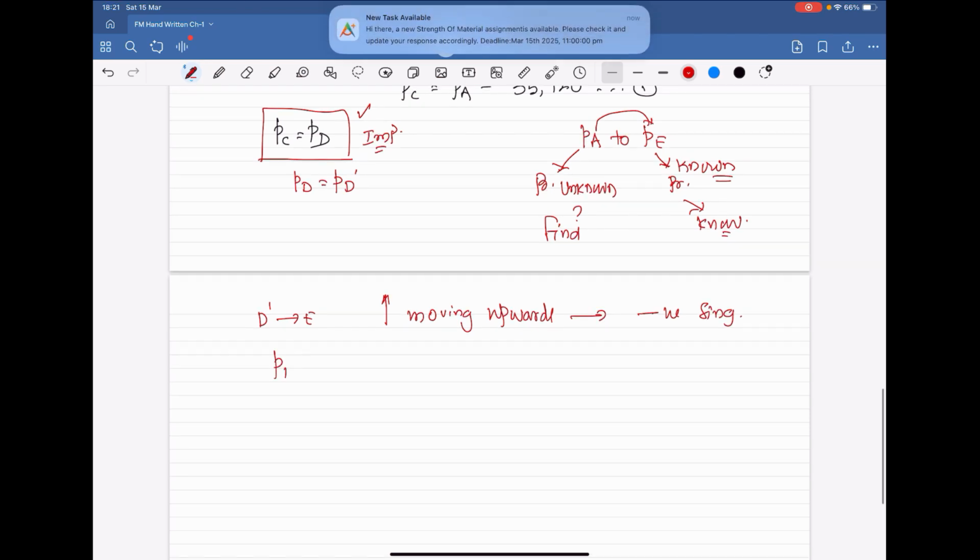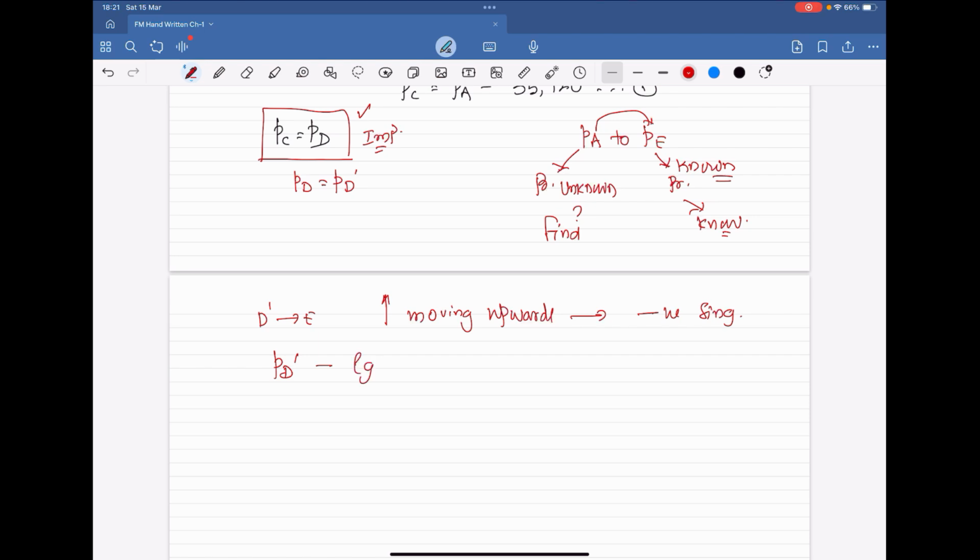That means PD dash minus rho g h_w outside is equal to PE. Do you agree?